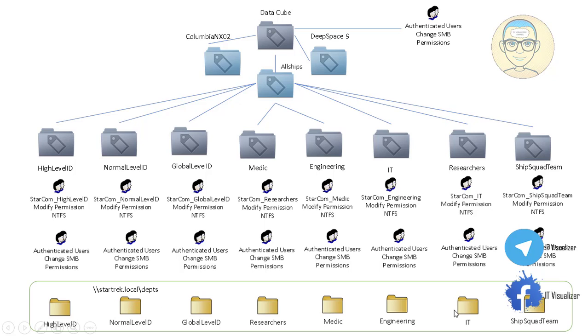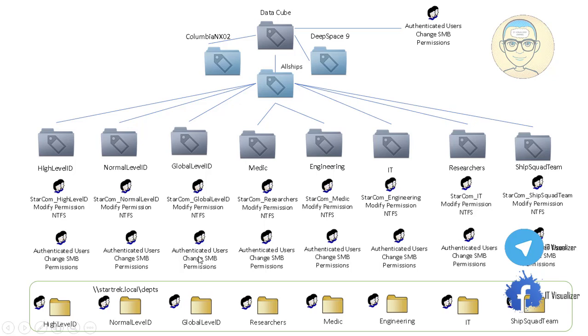So we will have these folders, and then we will have different groups on these folders. For example, for the high level folder, the StarCom high level group will have read permission, and on the normal level ID folder, the StarCom normal group will have read permission.